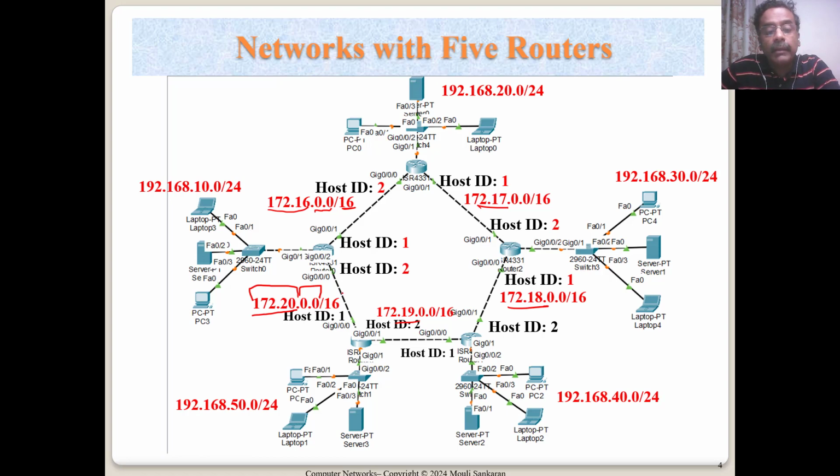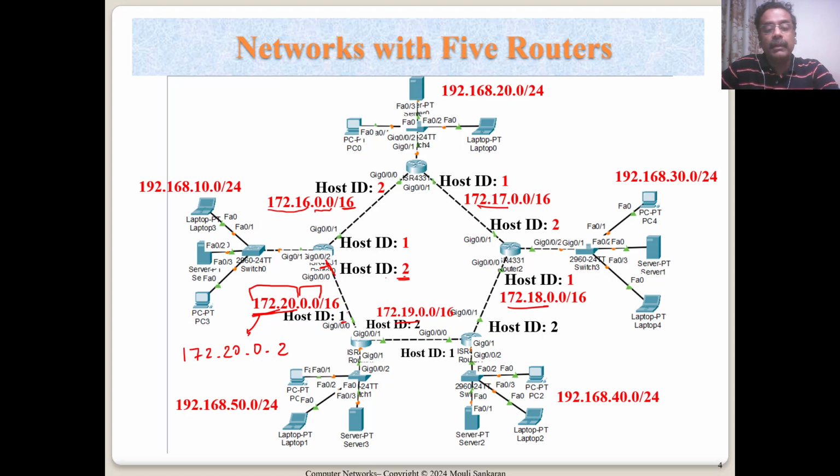Now let me look at what host ID 2 and 1 mean. These two refer to the interface IP addresses. Always remember, a router interface on a network will have a valid IP address. So if it is on this network and the host ID portion I am showing is 2, then you can find the IP address of this particular interface as 172.20.0.2.